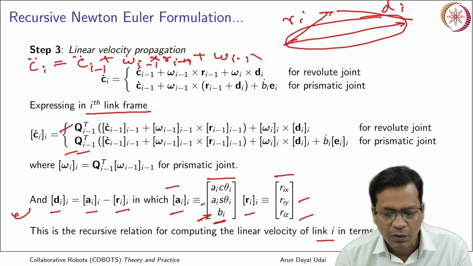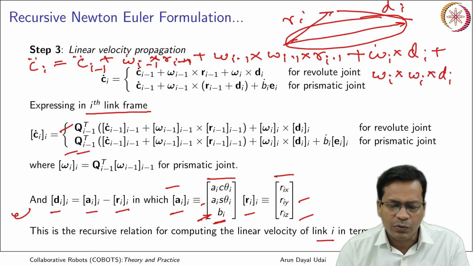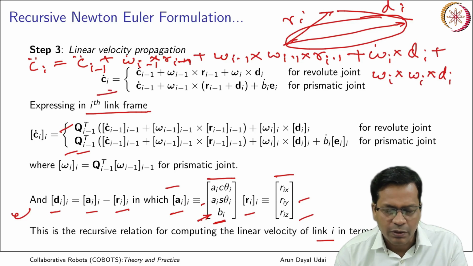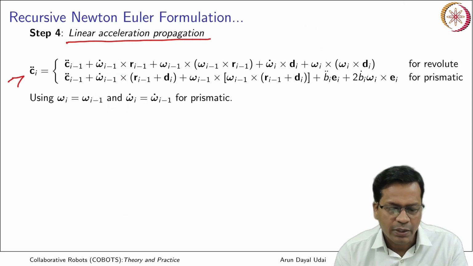It will be omega i minus 1 cross Ri minus 1 plus, again there are two components. So, it will be omega i dot cross Di plus omega i cross Di dot, which will be again equal to omega i cross Di. Okay. So, this is how you can do it, and similar is for this one also, and that comes here directly. Okay.